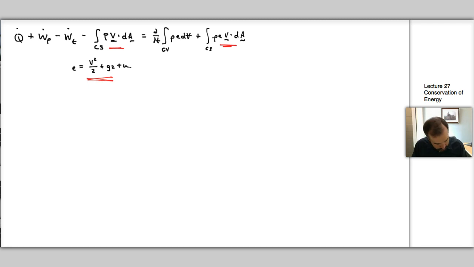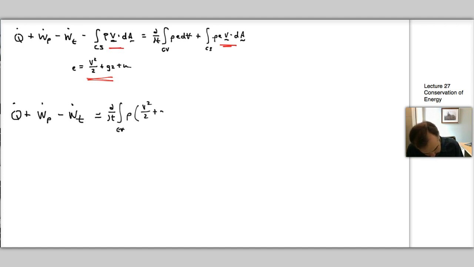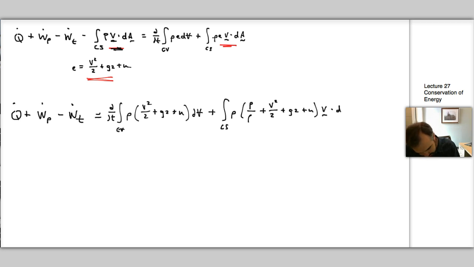So conservation of energy is Q dot plus WP dot minus WT dot is equal to the time rate of change of the integral over the control volume of rho times V squared over 2 plus GZ plus U dV, plus the integral over the control surface of rho times P over rho, so that is the term from up here again, plus V squared over 2 plus GZ plus U, times V dot dA.